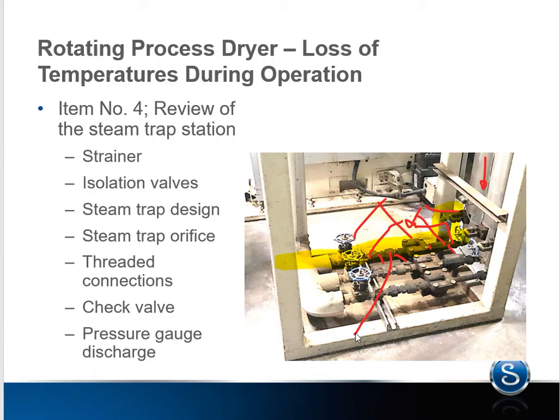With this system, there was no need for a check valve. They have proper startup and shutdown procedures, therefore backflow is not going to occur. There should also be pressure gauges here, and I would suggest a pressure gauge on the inlet coming to the steam trap so we know what the pressure differential is.